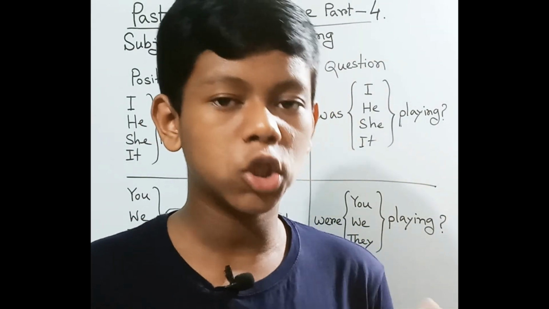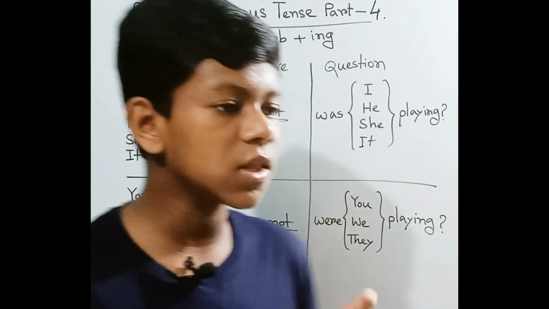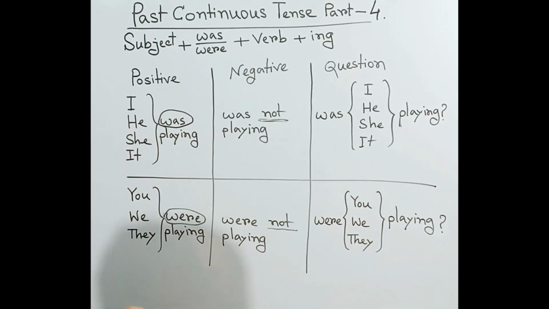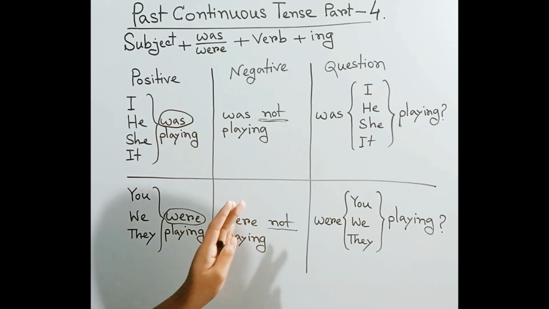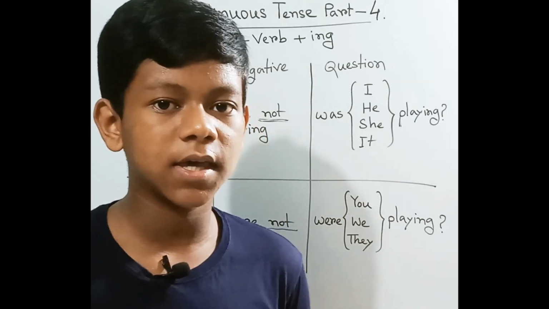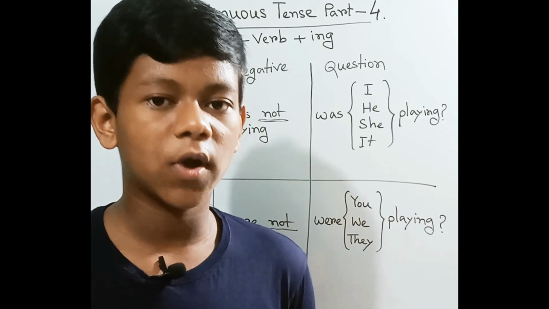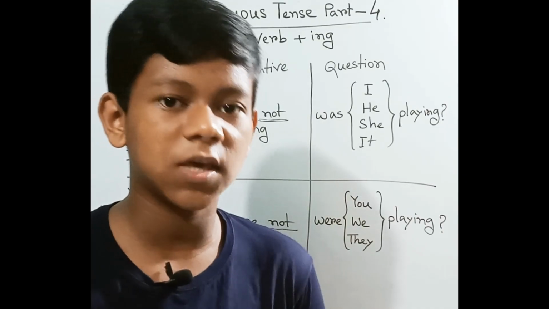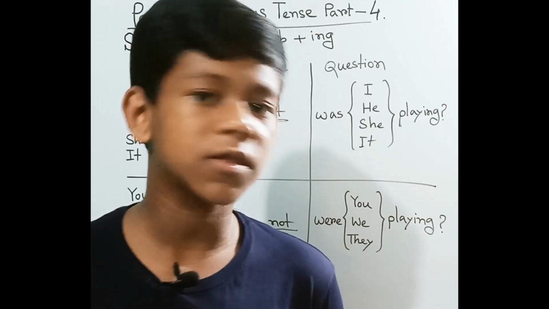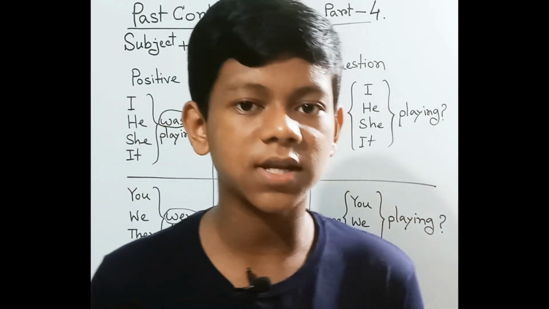Then you can use that. So for this time, try to remember this. We have already understood the negative. You can say like this: I was not playing, you were not playing, they were not playing, she was not playing, he was not playing, it was not playing.